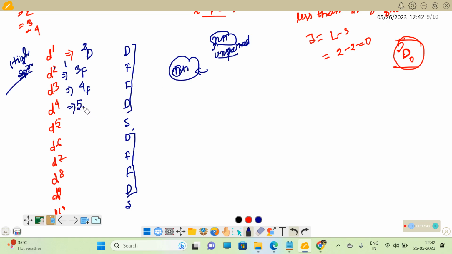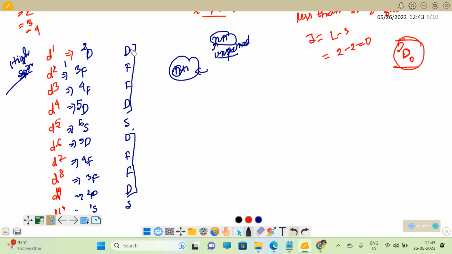So here for D5, it is 6S, meaning 5 unpaired electrons and the term is S, so 6S. Similarly for D6 it is 5D, then 4F, 3F, 2D. And this is 1S, as no unpaired electron is present here.